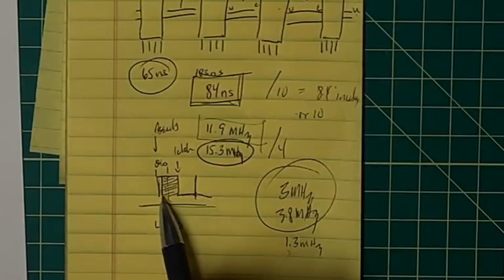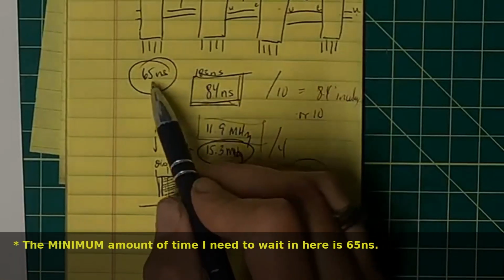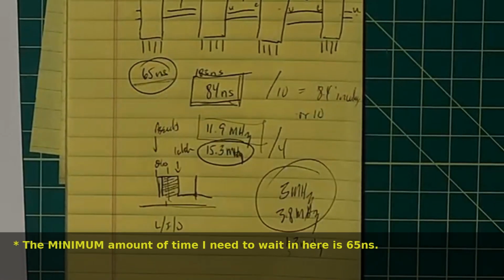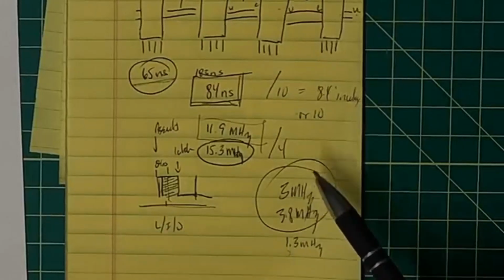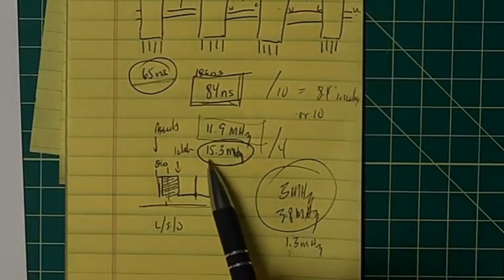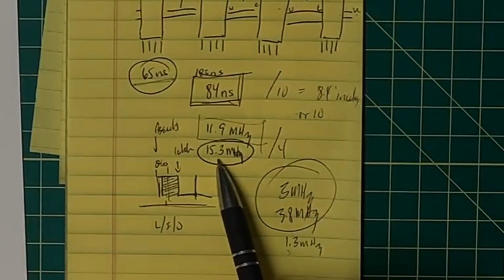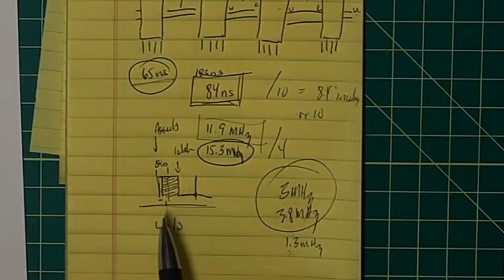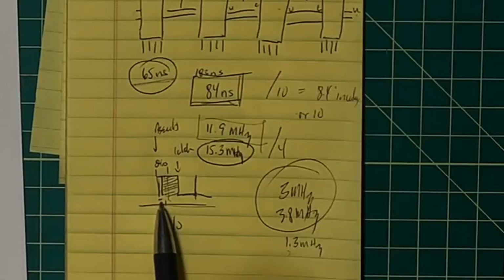And again, the maximum amount of time I want to wait in here is 65 nanoseconds. That does effectively not necessarily a divide by 4 of this 15.3 megahertz, but closer to a divide by 2. Is that a divide by 2, divide by 2.5, divide by 3? I don't know.